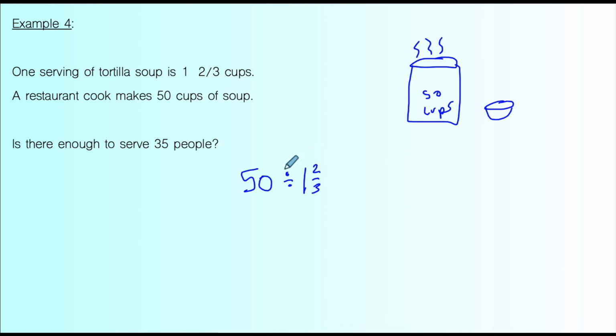So I'm going to divide it and see what I get. First step is I notice I have a mixed number, so I'm going to make it improper. So 50 divided by, and then 3 times 1 is 3 plus 2 is 5. And since it's division, I'm multiplying by the reciprocal.